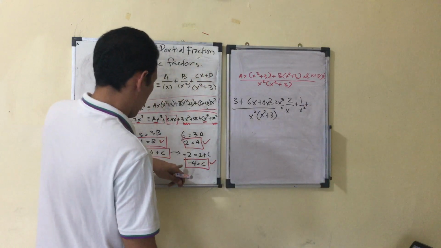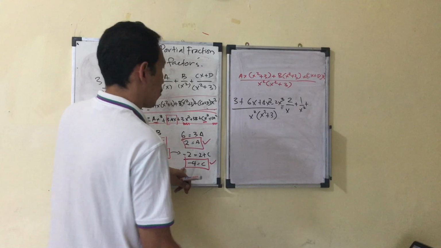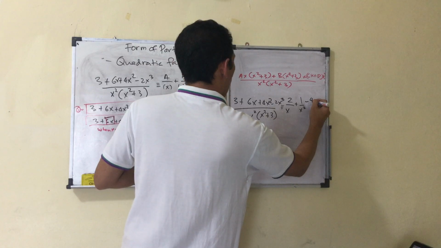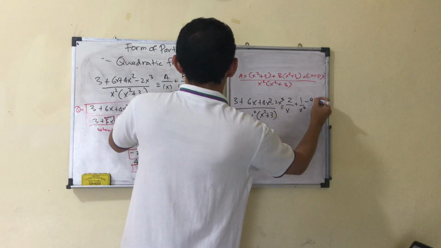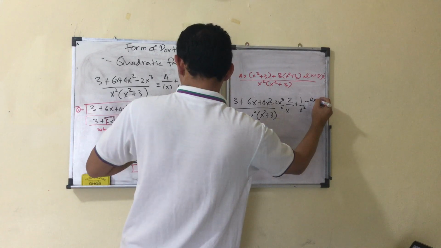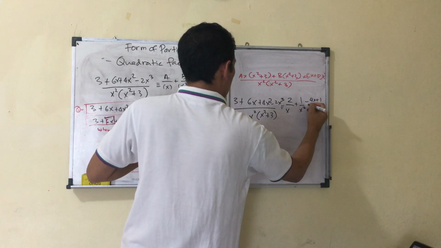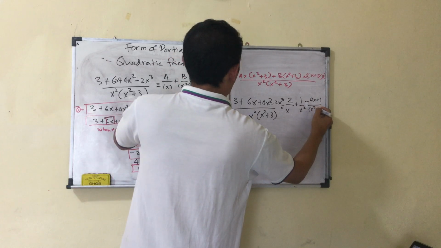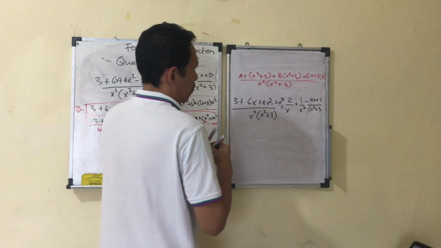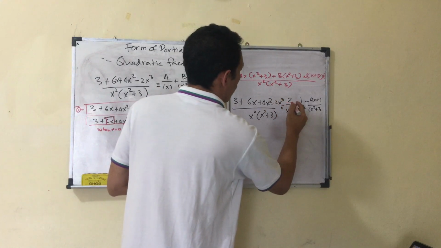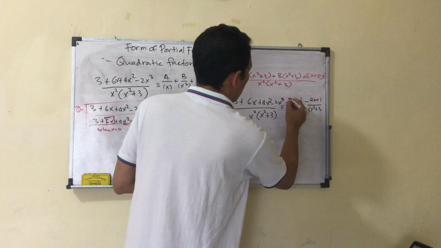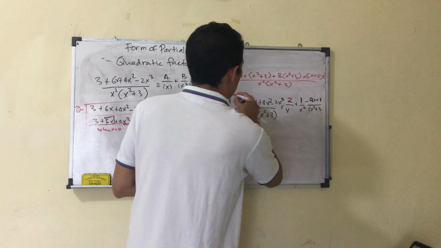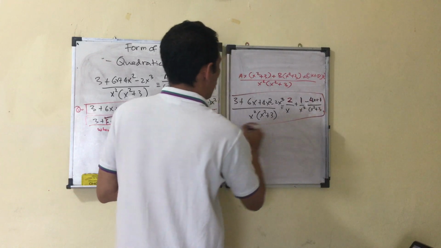C is negative 4. We have negative 4 over x plus what is D? D is 1 plus 1 divided by x squared plus 3. That is your value of A, B, C, and D. So this will be your answer.